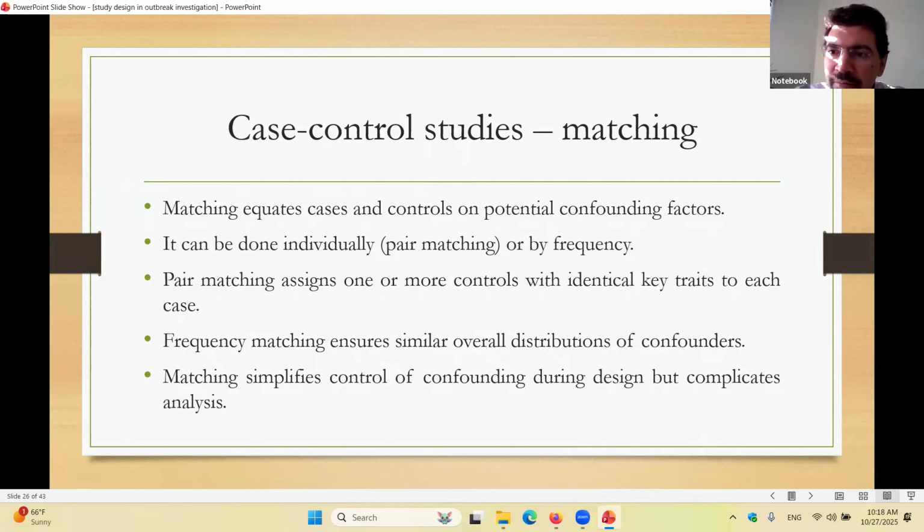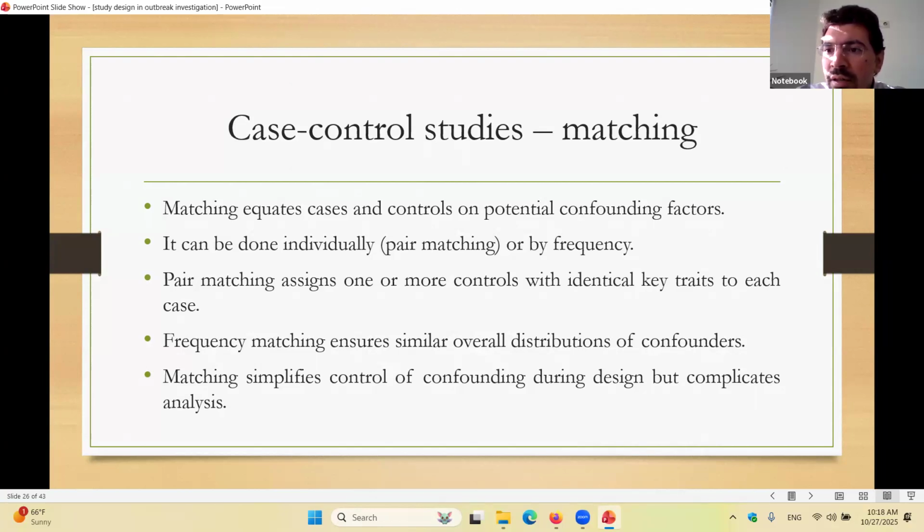Restriction is having restricted inclusion and exclusion criteria for individual selection. For example, you restrict who you choose.